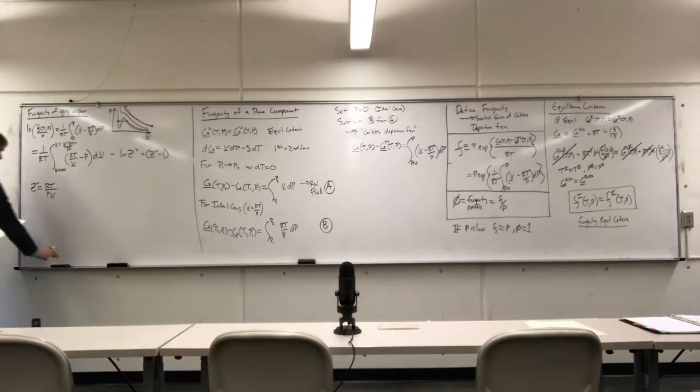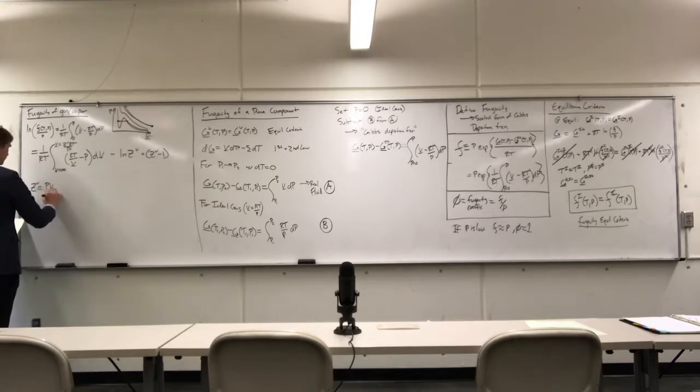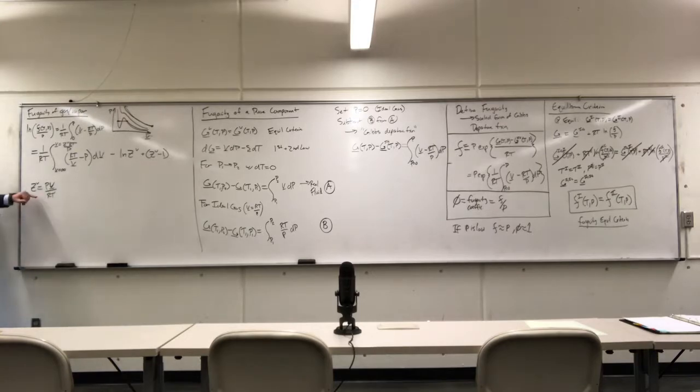Oops, sorry, PV over RT. Z, if you recall, is the compressibility factor.